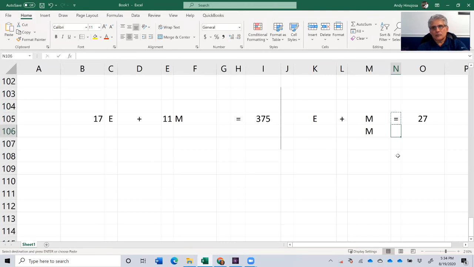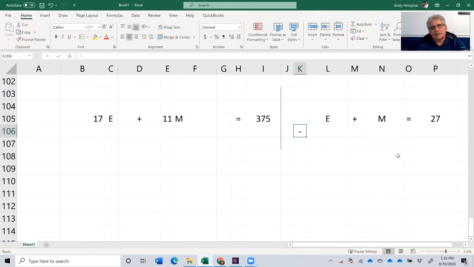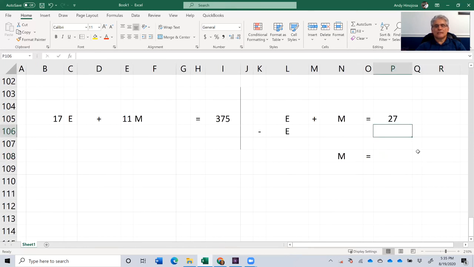I'm going to subtract E from both sides of the equation. So E minus E means all I'm left with is M. So M is going to be equal to, well, whatever I do to this side of the equation, I have to do to the right side. How can I subtract E from 27? But you can't. So in the end, 27 minus E.